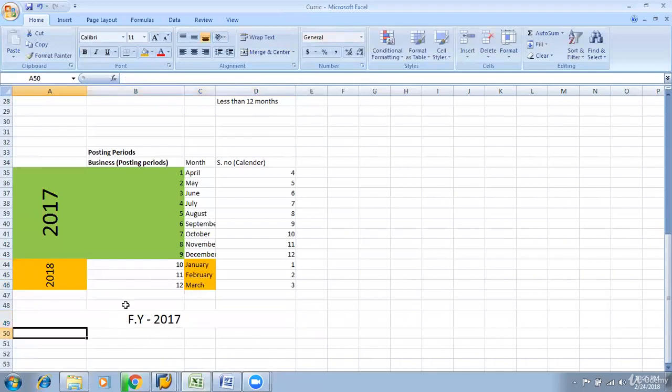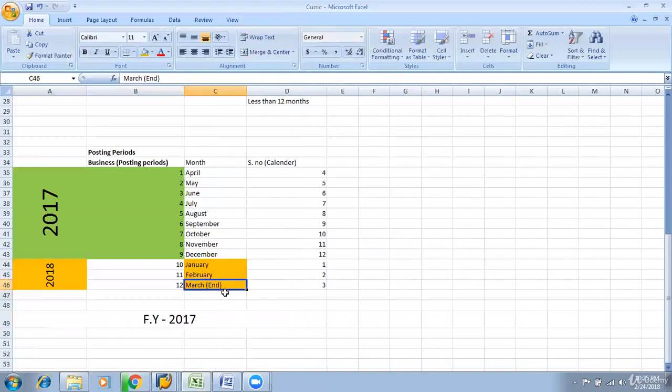So coming back to my special posting periods thing. For example, 31st March is the end of my fiscal year. Later on, during your year end closing, you find out that there are a few audit adjustment entries to be made.